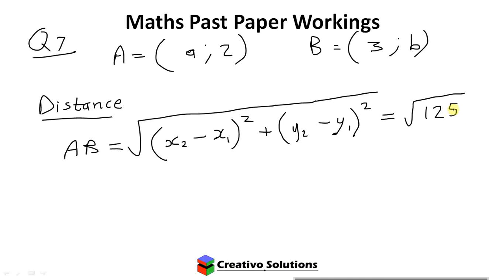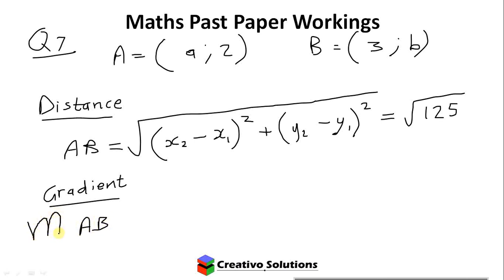Then they also tell you that the gradient of the line AB is 2. So they've given you distance and they've given you gradients. This is a graph question. Okay, more clues in the question. The word gradient would have stood out. AB's gradient, in other words, m of AB is equal to 2.